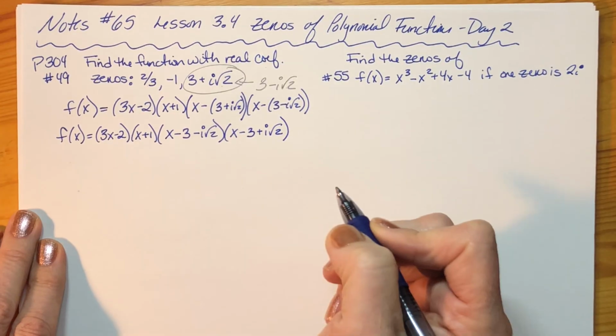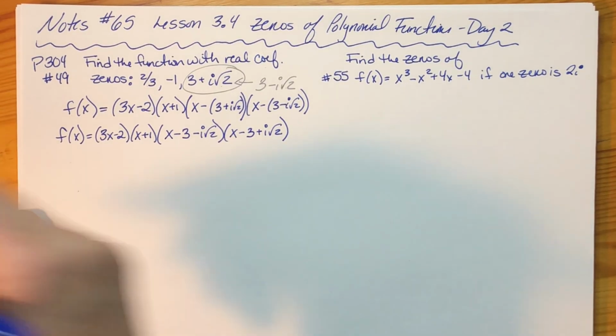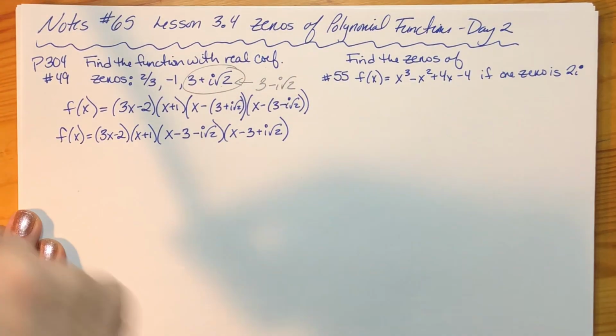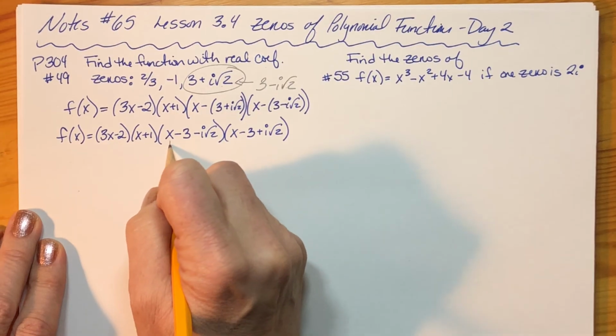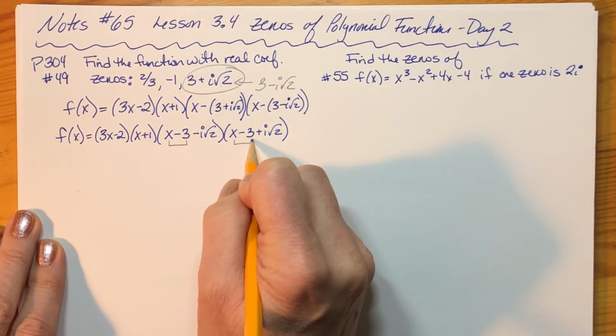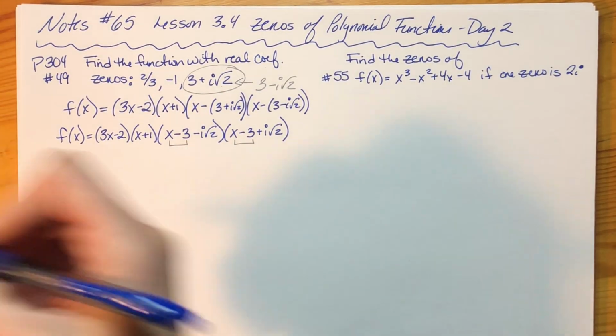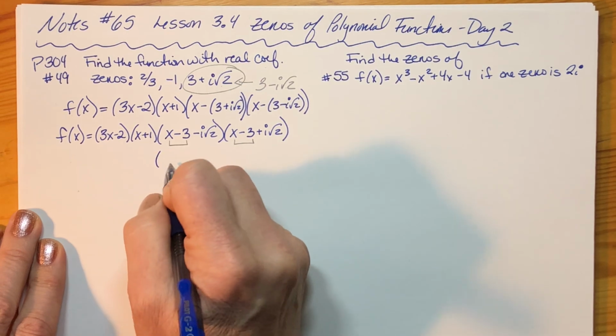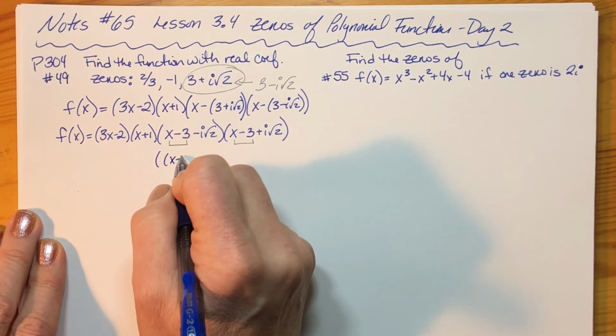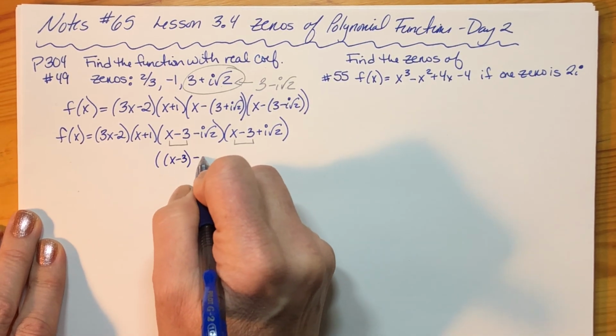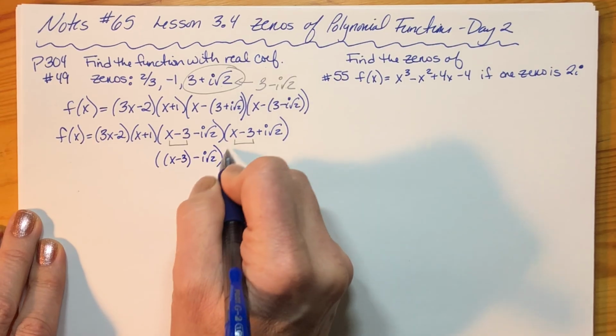This is kind of interesting. I don't know if you guys see this, but as I said it out loud, I was thinking about these two terms being together. What if I rewrote it as x minus 3 in parentheses minus i root 2?